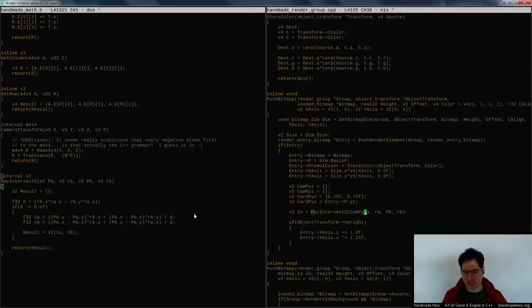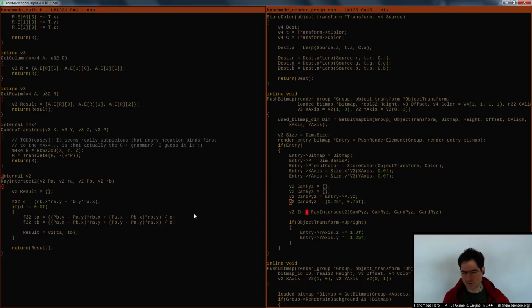So the cam p yz, cam ryz, this is the card ryz, sorry, card p yz, card ryz. This would give us the intersection point. So if we take a look at what that's giving us on the diagram, that intersection point is the distance along the ray we would go to find the point that we're talking about.